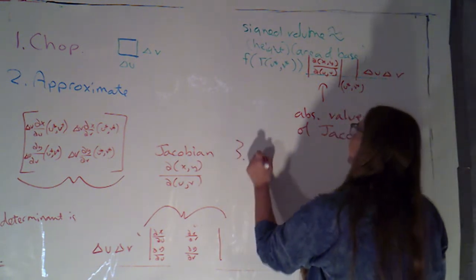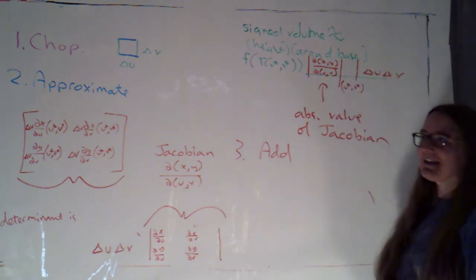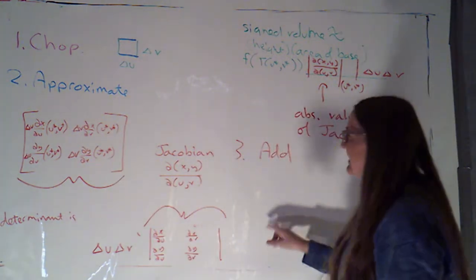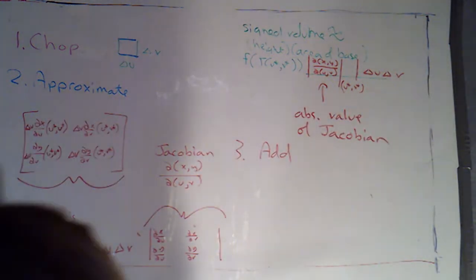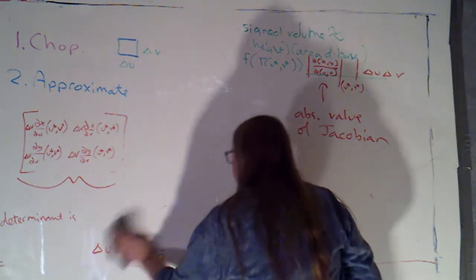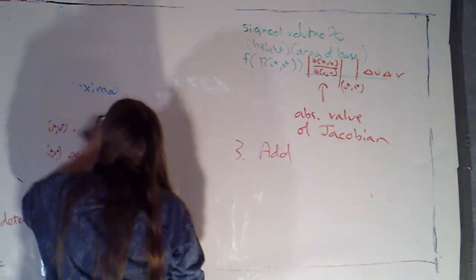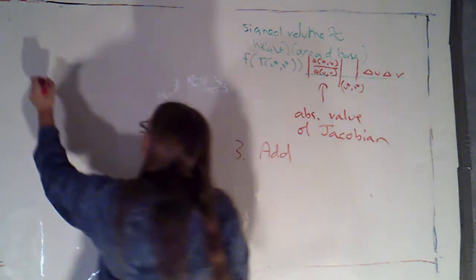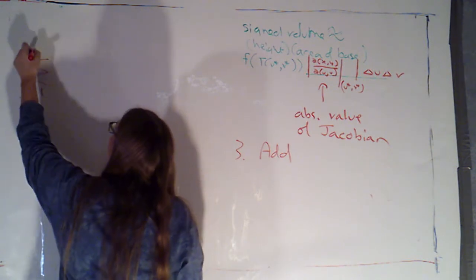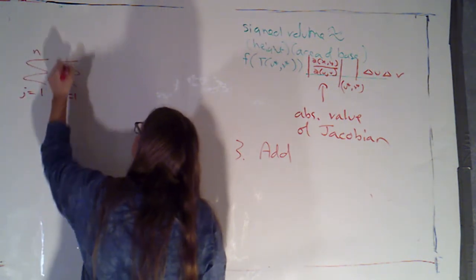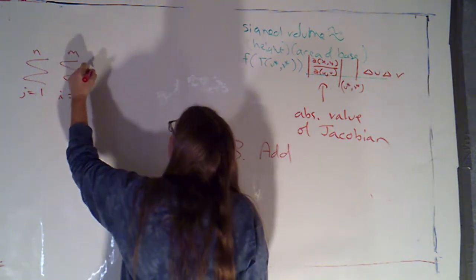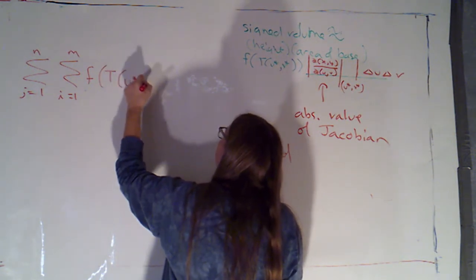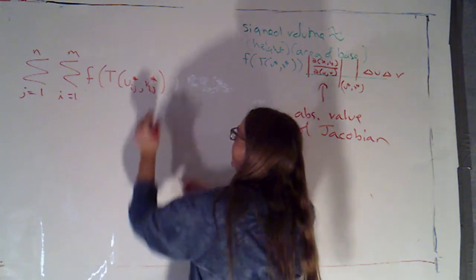Of course, then what we do is we add all of these things up. Remember, we had chopped things up into a whole bunch of pieces, and we'd approximated the signed volume over each piece. Now I'm going to add all of those up, and I'm going to get a double Riemann sum. So I'm basically going to have the sum as j goes from 1 to n, as i goes from 1 to m, of f of T of u_ij star v_ij star.